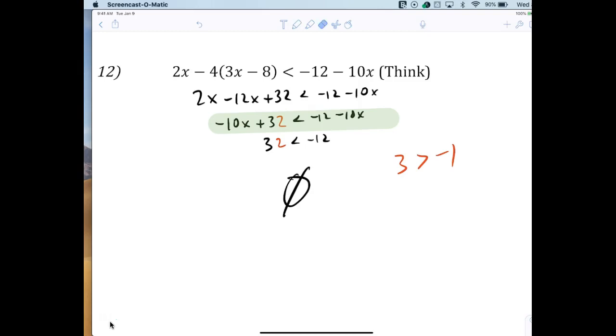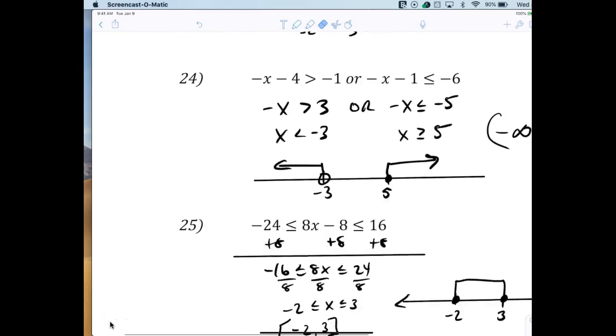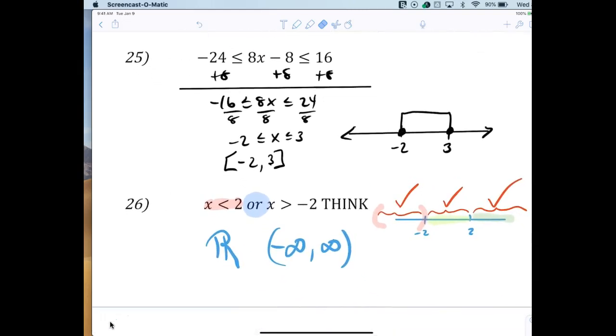All right, Charlie, what did you want? Let's find 25. You got that? Got it? Anybody else on question 25?